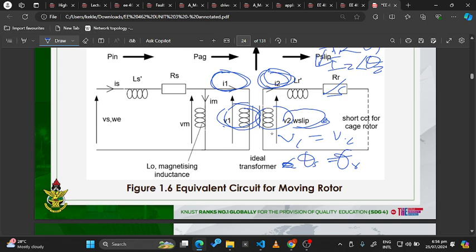And how do we define the power factor angle? The power factor angle is equal to the inverse tangent of the reactance divided by the resistance.